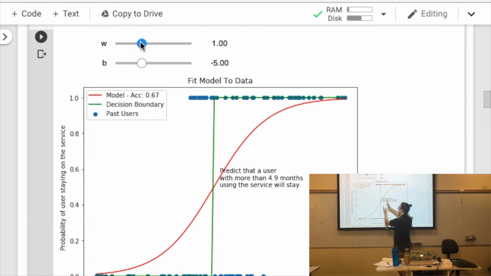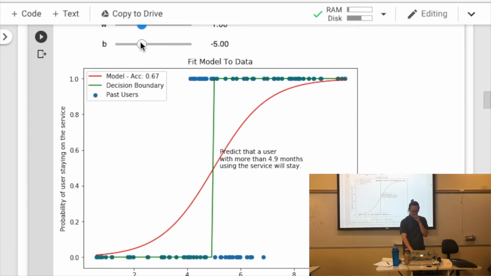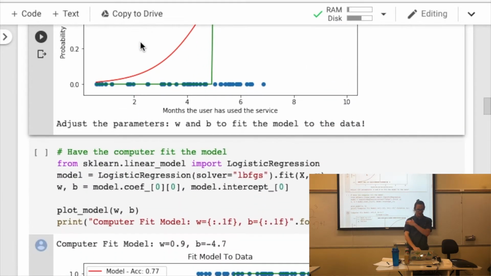So the red line can spread out, or it can shift left to right. The red line is what we're fitting, and the green line is just determined by the red line. The green line is always just wherever the red line is 0.5. That's where we draw the green line. So play around with that. A lot of this is really meant to play around with until you can convince yourself that you're understanding what's happening.